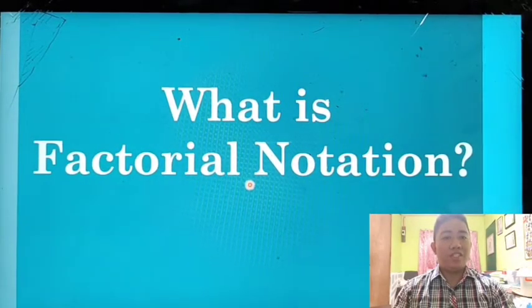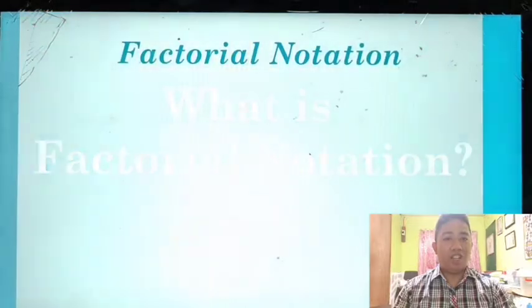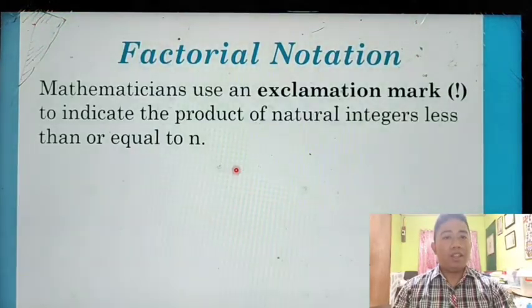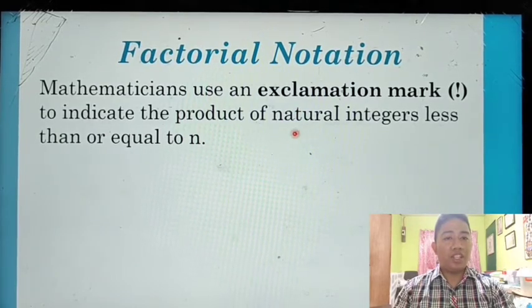So my dear friends, students, and viewers, let us discuss the definition of the factorial notation. Mathematicians use an exclamation mark to indicate the product of the natural integers less than or equal to n.